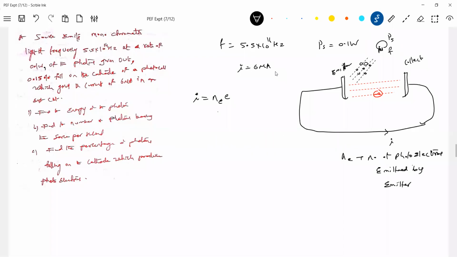We know the current is 6 microampere, so 6 into 10 to the power of minus 6 equals Ne, with e equal to 1.6 into 10 to the power of minus 19. All these are per second. So these many photoelectrons are ejected by the emitter per second.